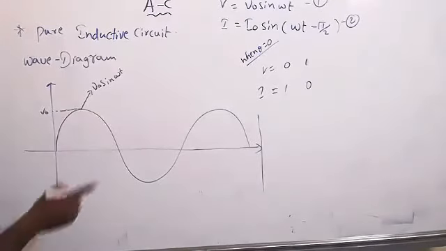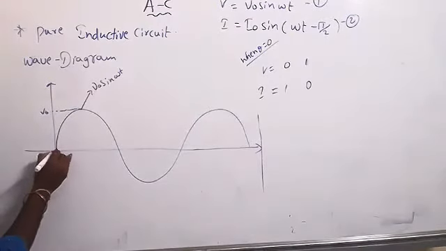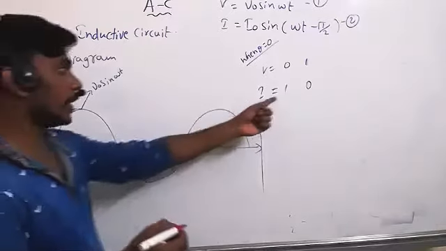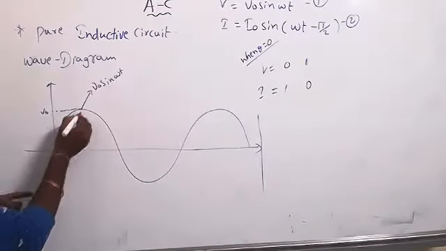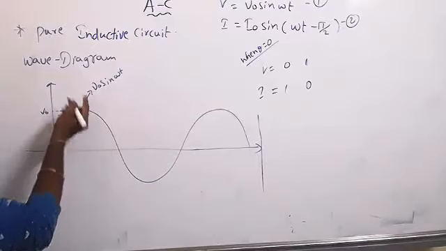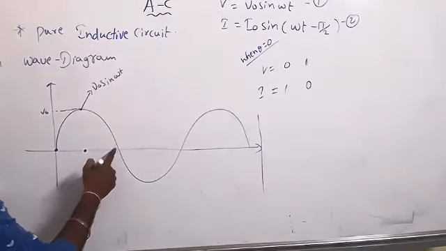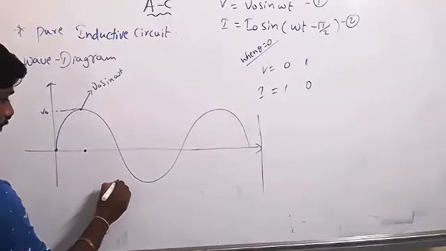Now see how to draw for current. Here V equal to 0. That time current should be at 1, right? And here V is maximum, so current should be in the minimum. Again here V is minimum, so current should be in the maximum.